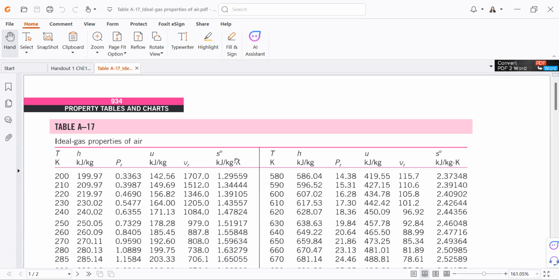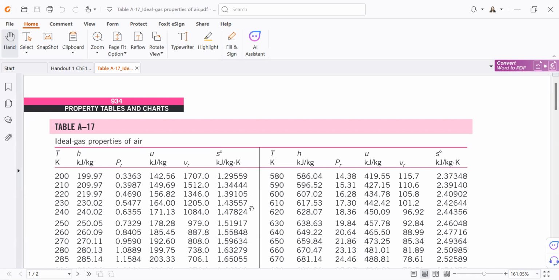However, if the problem would require that you account for the variation of the specific heat with the temperature, and they give this property table for air, you can also use the property table. Basically, what you will do is go through the steps, just like how we solve the steam power plant problem. You go through the steps and identify the property at each step.